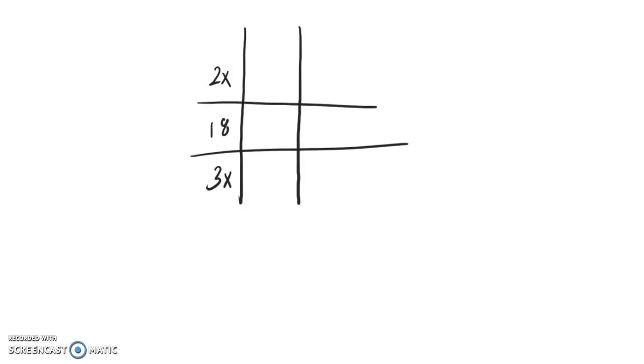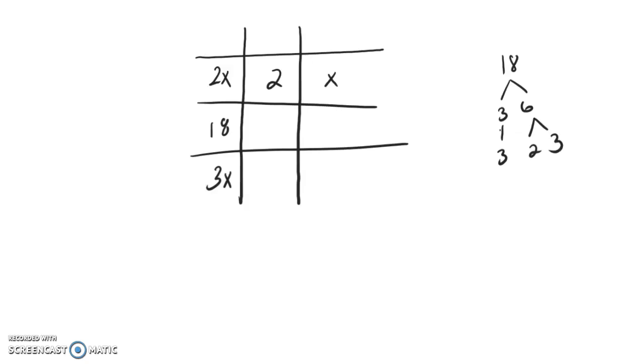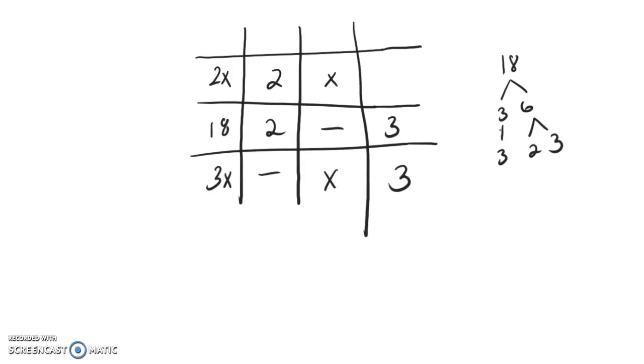If I was to break this down into its prime factors, for 2x I have a 2 and I have an x. 18 is made up of 3 times 6. 3 is a prime number. 6 is not, so there's a 2 in there. There are no x's, but there's a 3. And 3x does not have a 2. It does have an x, and it has a 3.